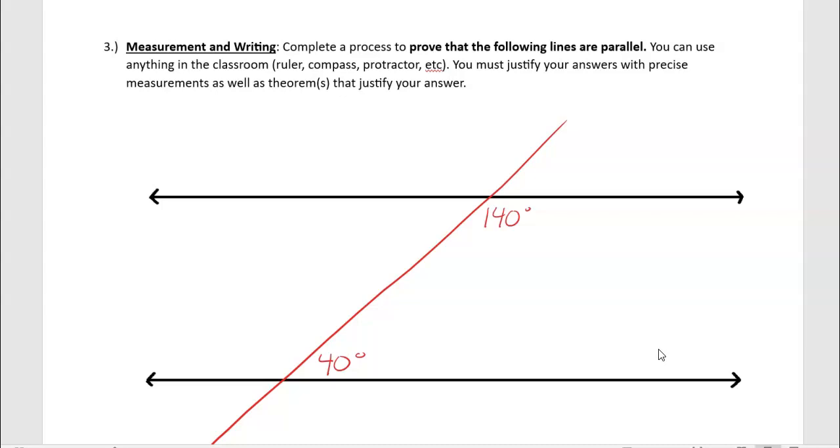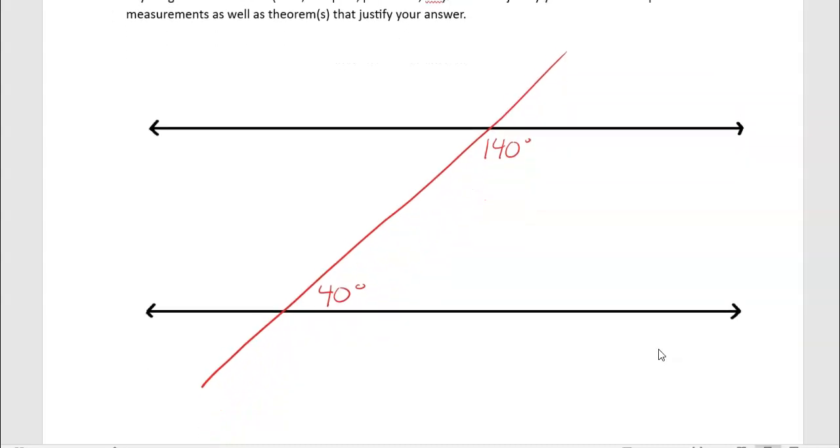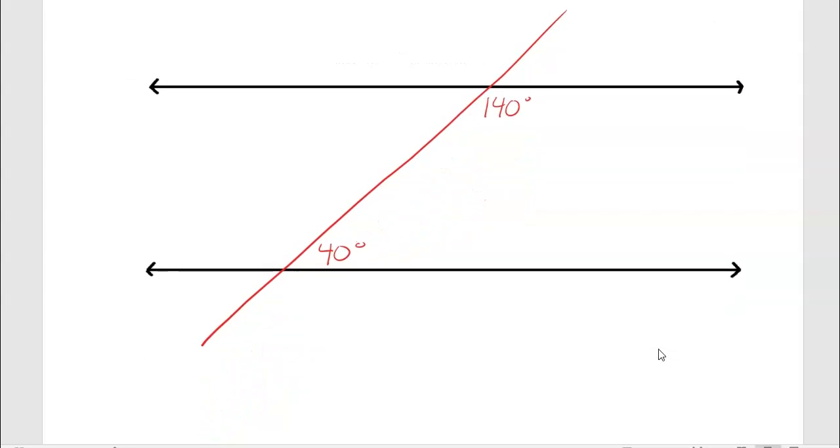You could have also looked at alternate interior angles to make sure they were congruent. You could have looked at alternate exterior angles or any corresponding angles. Your answer should have been, in my case, let me grab, where's my pen? The answer would have been parallel because of the converse. So you guys should have said converse no matter what, and mine was of the SSIA postulate.